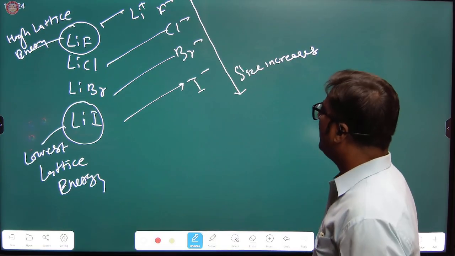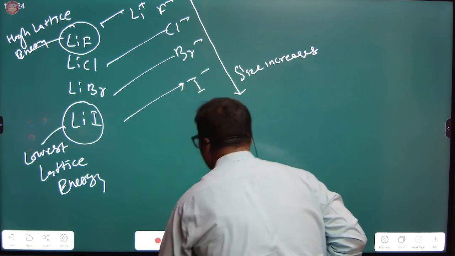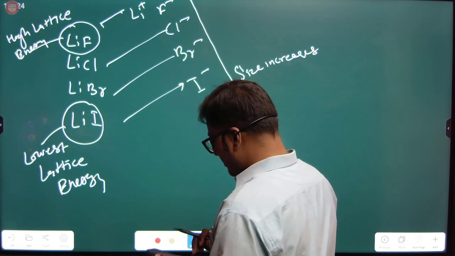We have also collected data for alkali metal halides.